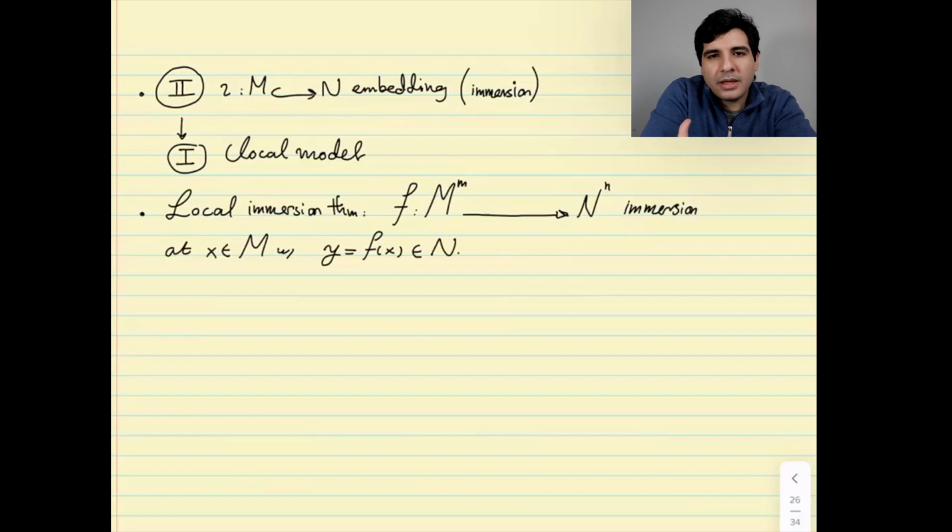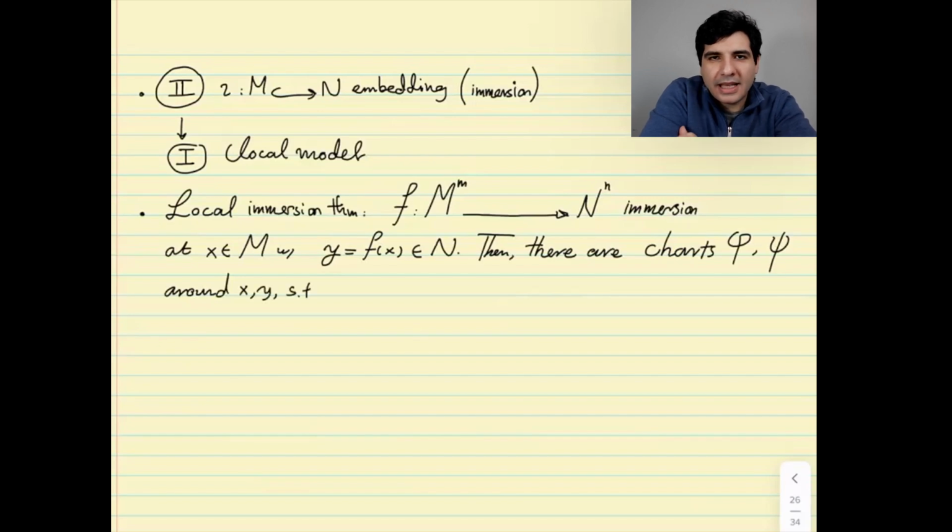Then you can pick charts, let's say phi, some coordinate map around X, and psi, some coordinate map around Y, such that in these coordinates, f has a very, very simple description.